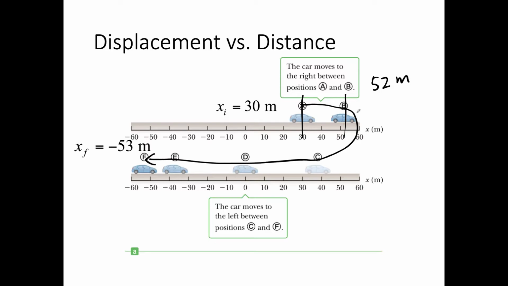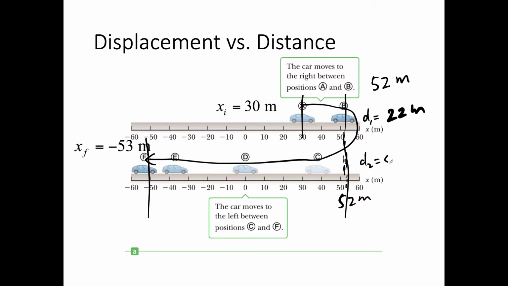So from A to B, the distance is 22 meters, and then the car moved from B all the way to F. B should be 52 meters. Let's call the distance from A to B D1, and from B to F, the distance will be the length of this.